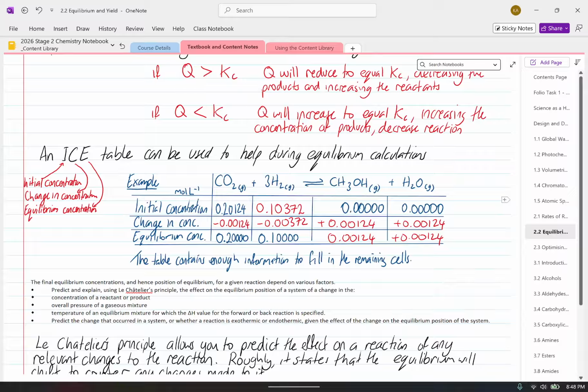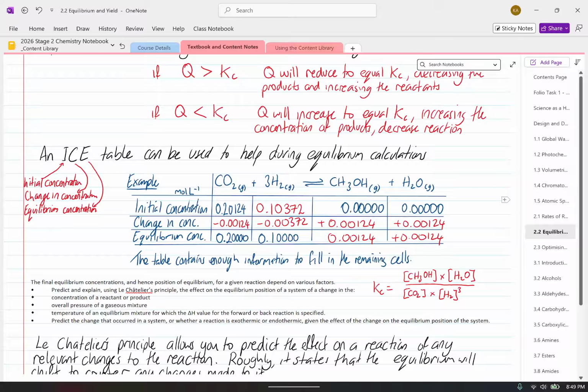I'll multiply that by the concentration of our water in gas form to the power of 1, because its stoichiometric coefficient is 1. And that's going to be divided by our CO2 concentration to the power of 1 again, multiplied by the H2 gas concentration raised to the power of 3, because it's got that 3 in front of it.